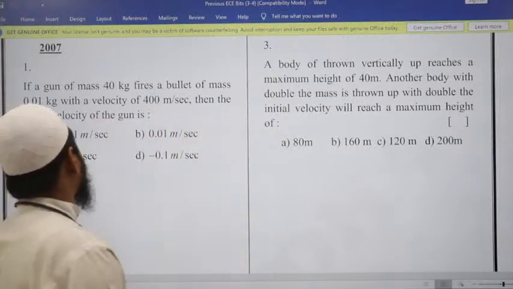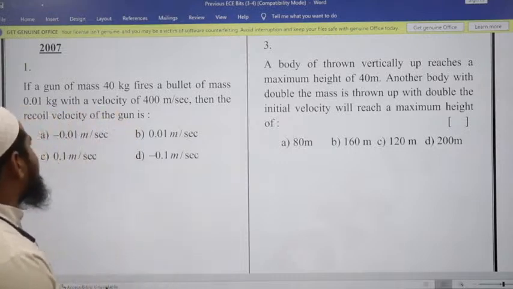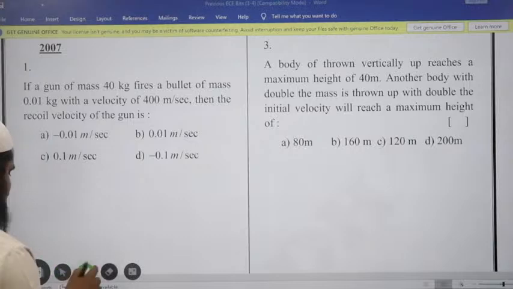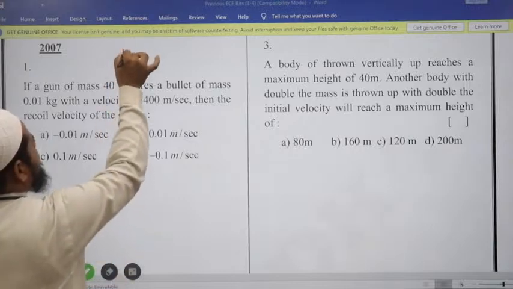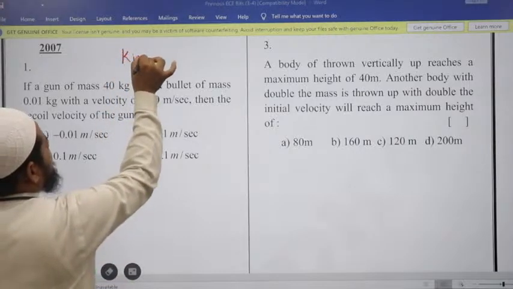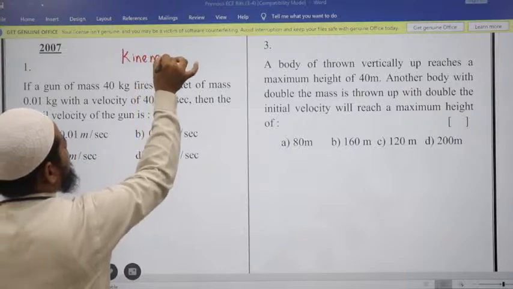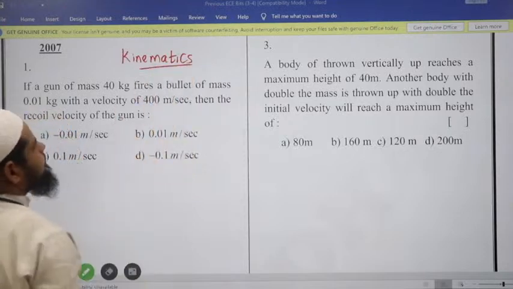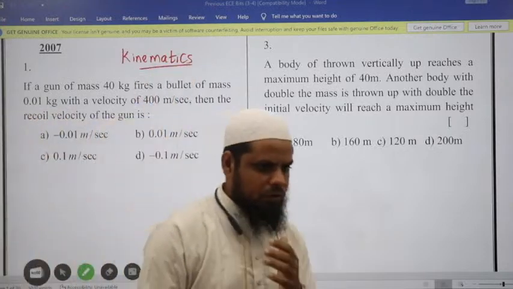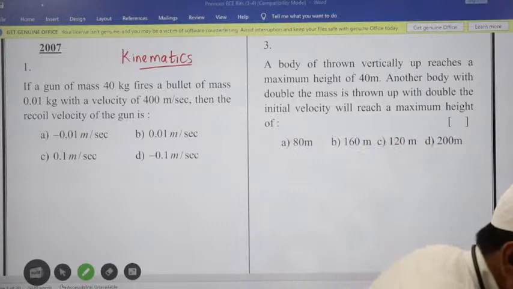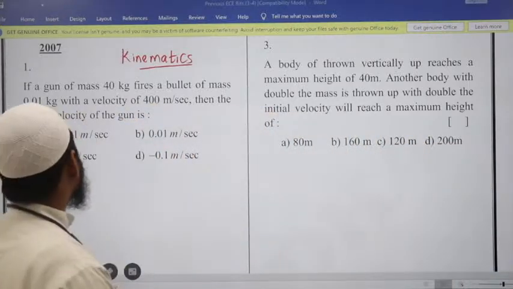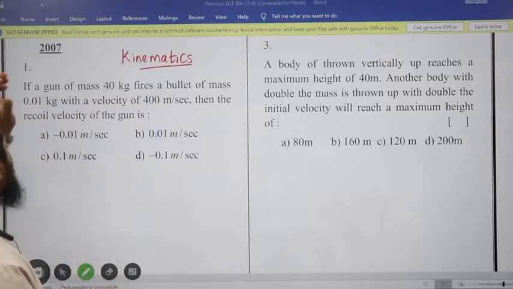Let us move on to kinematics. Look at this. What is the problem he has given?